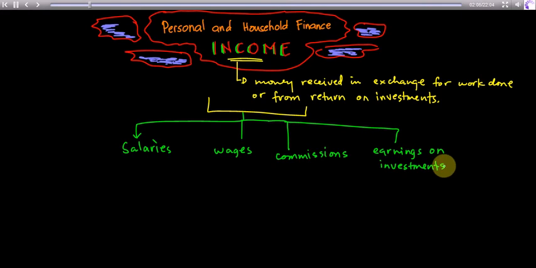Now let's define first what is salary. Salary is a periodical payment paid to a person for regular work or services he renders. Again, this is from a fixed payment.